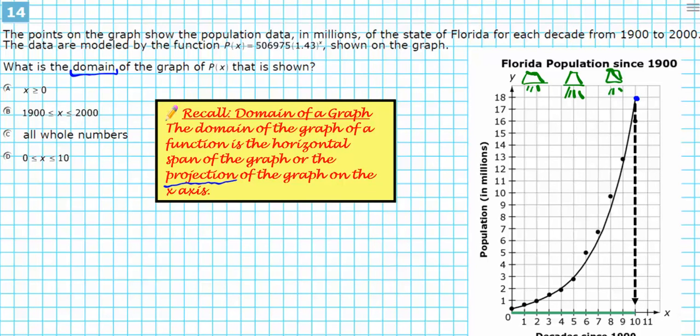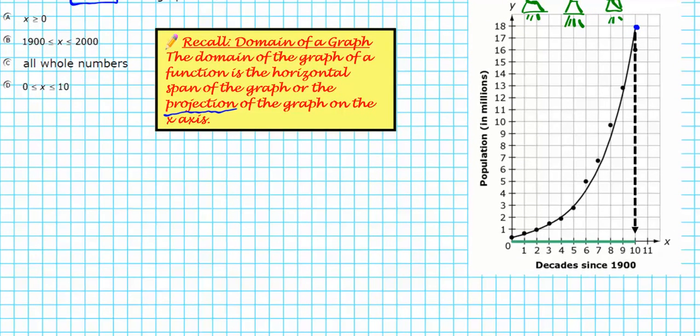Now, why are we projecting it onto the x? Because the domain goes with the independent variable. Domain goes with the x, and guess what goes with the y? The range. So anytime you hear domain, think about the x-axis, and if you hear range, then you think about the y. If we're doing range, we will be projecting this graph in this direction.